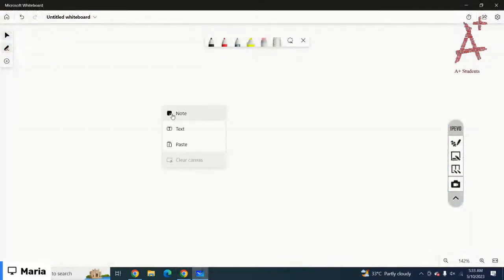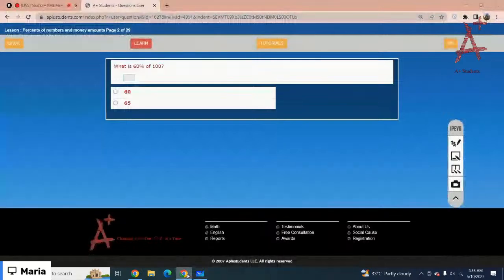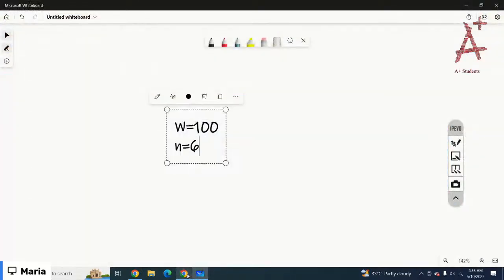The whole is 100, and you are given the percent, 60. So you need to calculate the part. It would be part divided by 100 equals 60 over 100. Got it?